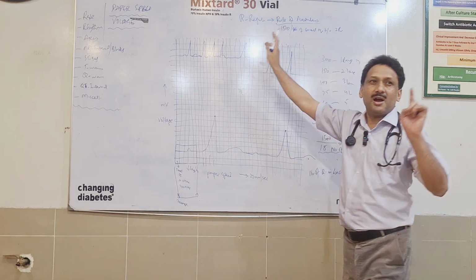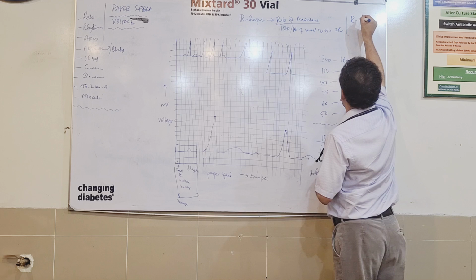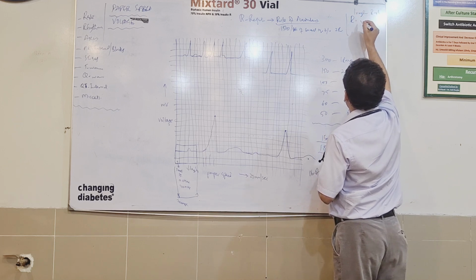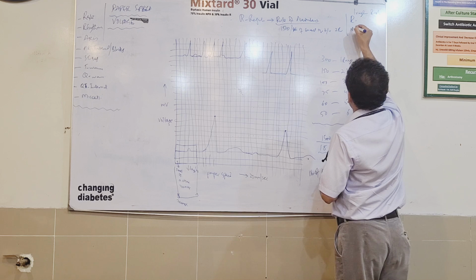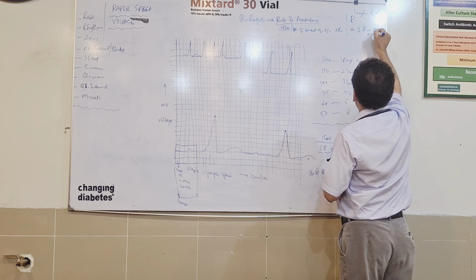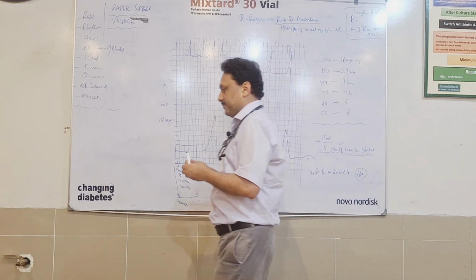So that's for the regular RR. And if RR is irregular, meaning the RR interval is irregular, then you will calculate as the number of R in 6 seconds multiplied by 10. This is for atrial fibrillation and many other situations.